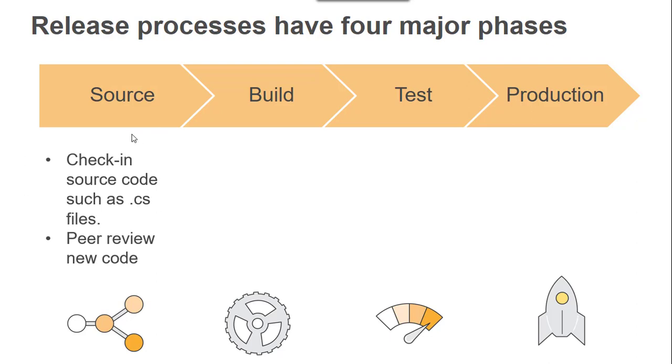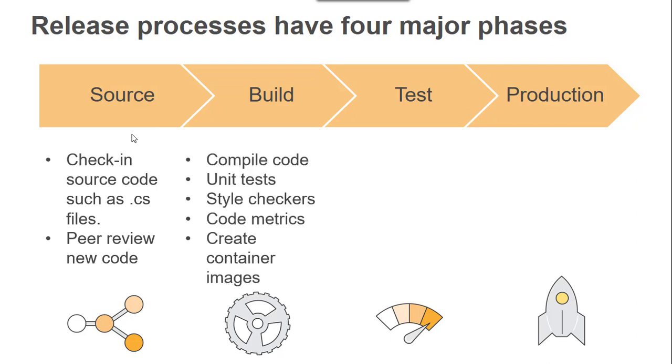Once you check in, usually you execute some build steps. You can build the software on your local machine, in your dev environment, but also once you check in, you kickstart some kind of build process. This build process is going to compile your source code. If you have some unit tests, it's going to run those unit tests.